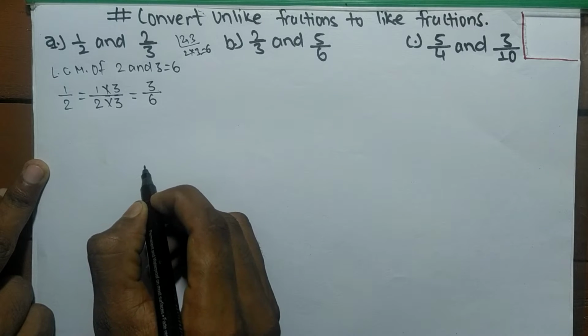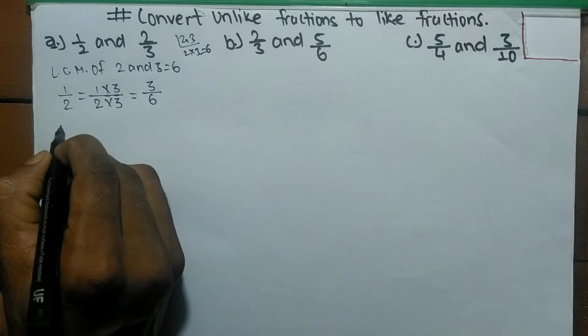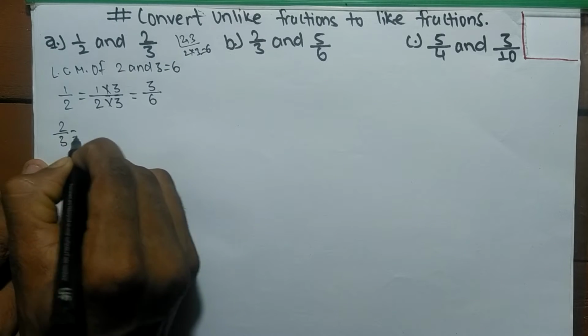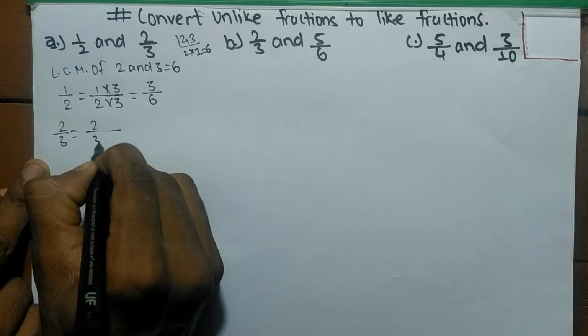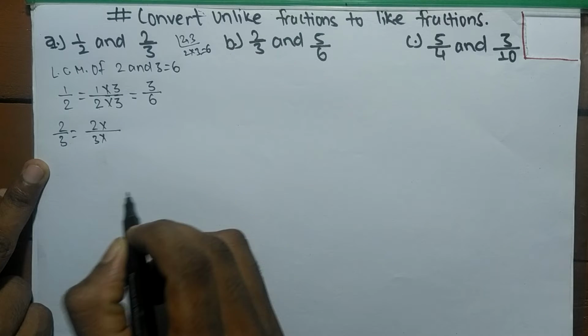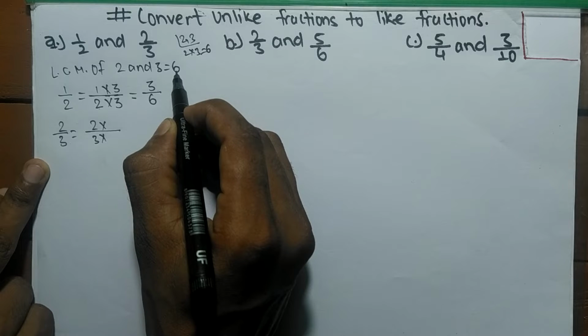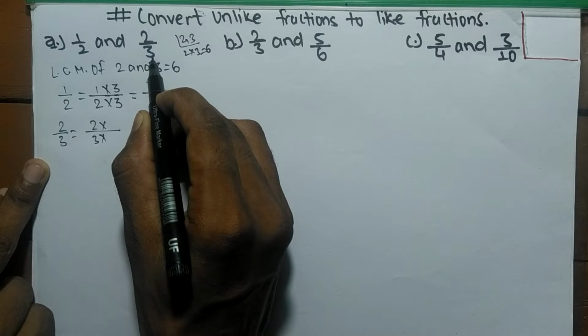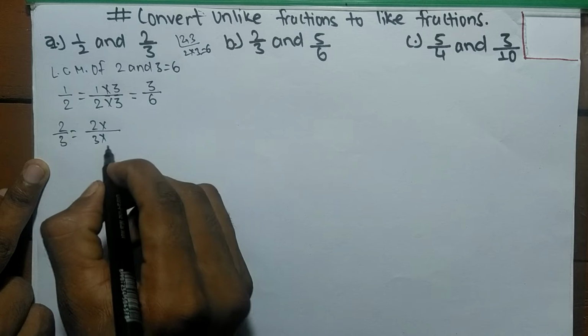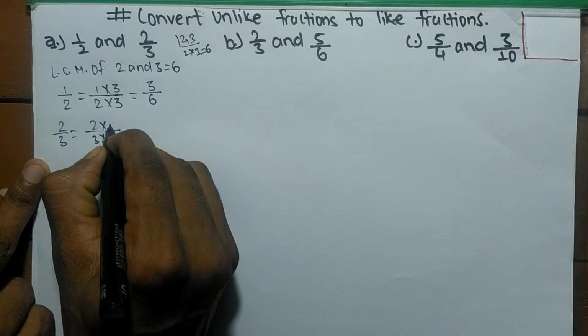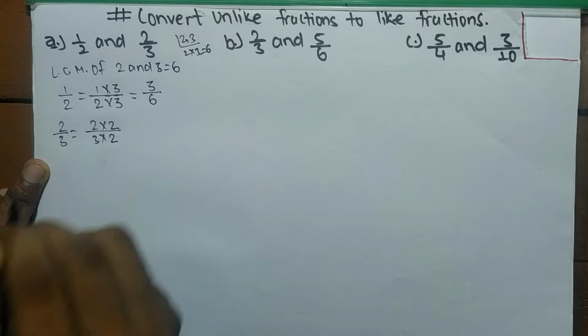Like this, we have another fraction, 2 by 3. So it is 2 by 3 into. Again we have to divide the LCM 6 by the denominator 3. So 6 divided by 3 means 2. So we have to multiply it by 2.